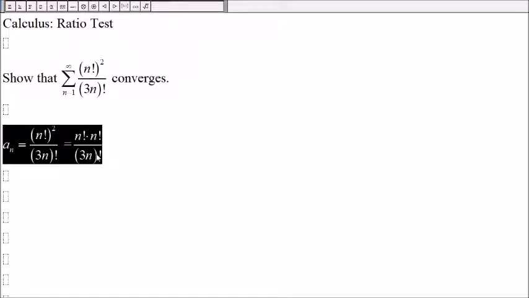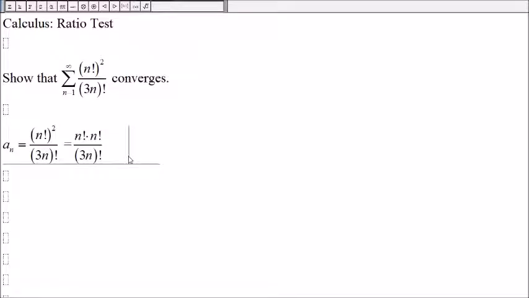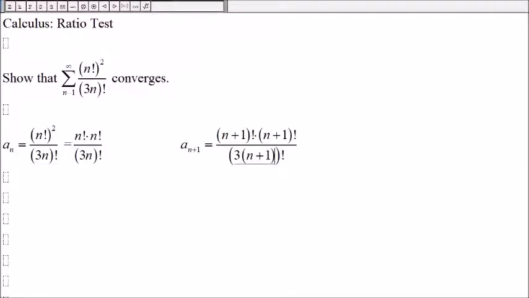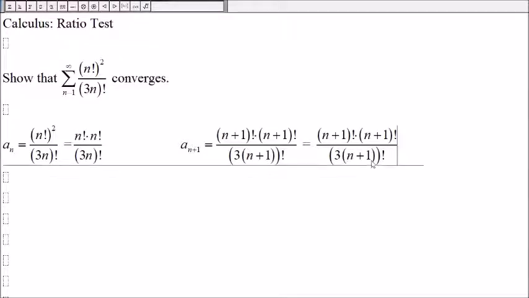And now we need to form a sub n plus 1. So for a sub n plus 1, in the place of n, we just put n plus 1. And then this is 3n times 1, so it becomes 3n plus 3.